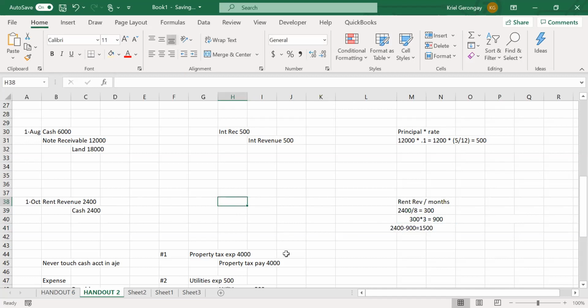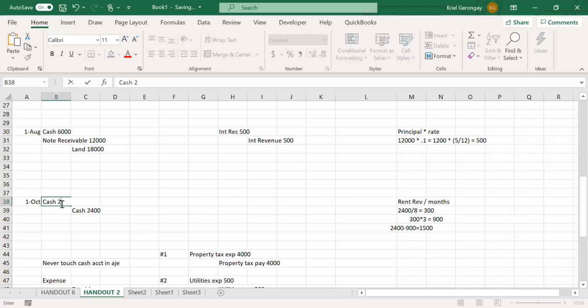So you would have to debit? Yeah, no. Unearned revenue is a liability. Debit revenue. Wait, why are you debiting revenue? Aren't you increasing it?